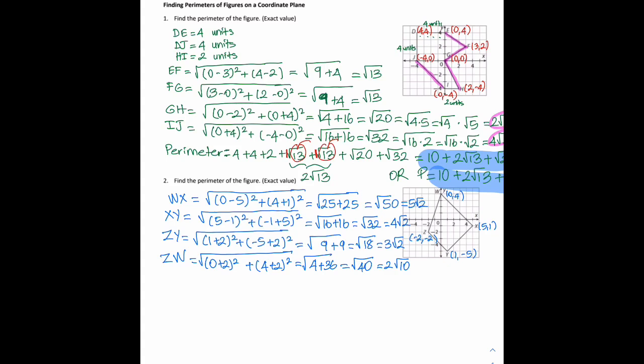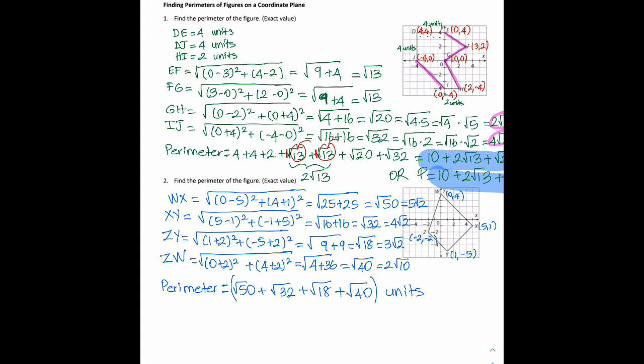Okay, so let's find the perimeter now. Let's add them all up. I have square root of 50 plus square root of 32 plus square root of 18 plus square root of 40 units.